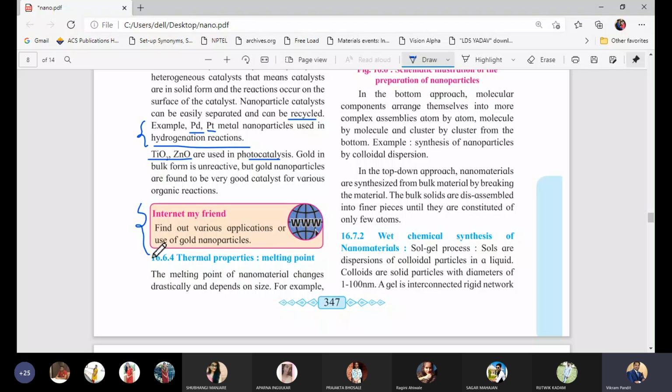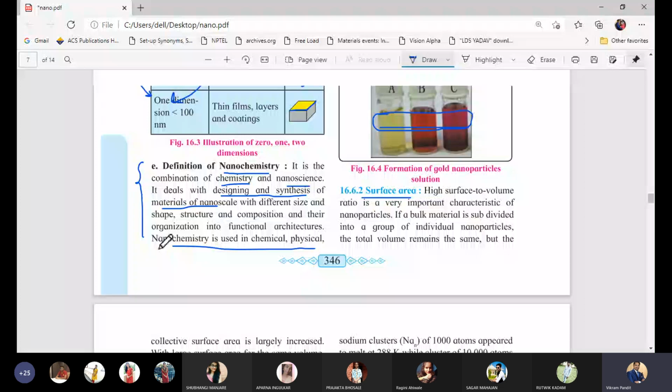Again, there is one very interesting thing. I think I forgot to tell you that when we talk about the size of nanoparticles, the nanoparticle size is discussed here. Compare the earth and its dimensions, right? And if you are eating an apple, you can keep this apple in your hand, right?